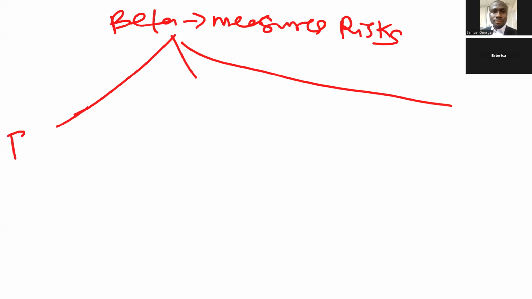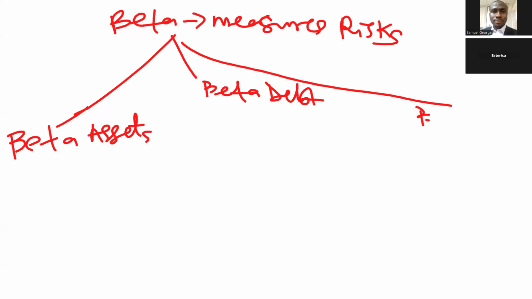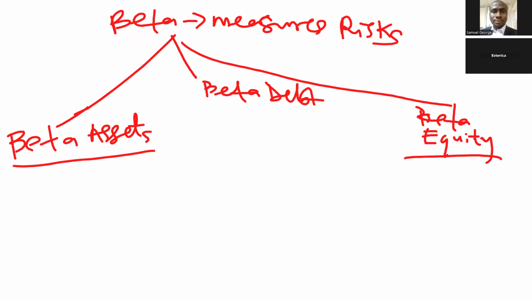We have beta assets, we have beta debt or debt beta, and we have beta equity. But emphasis will be only on beta assets and beta equity.